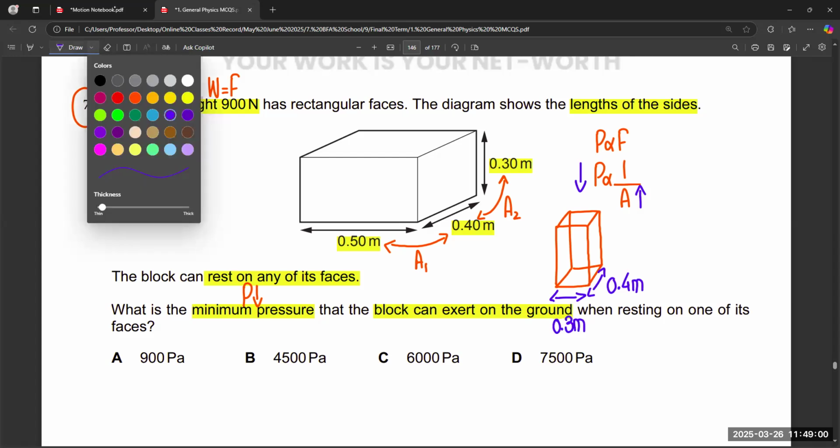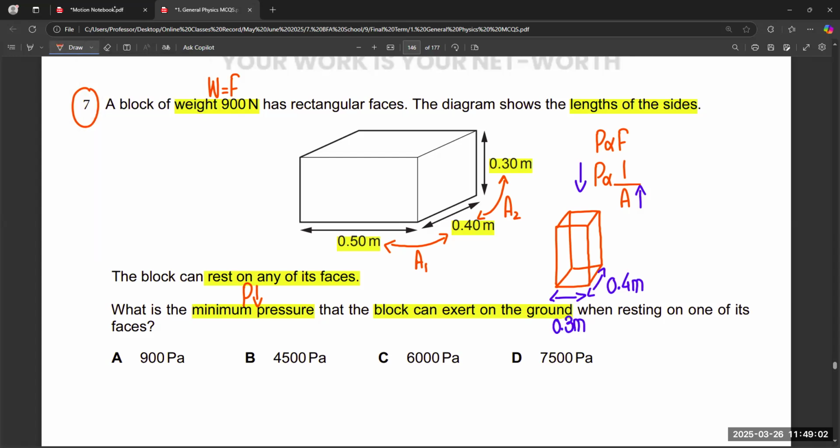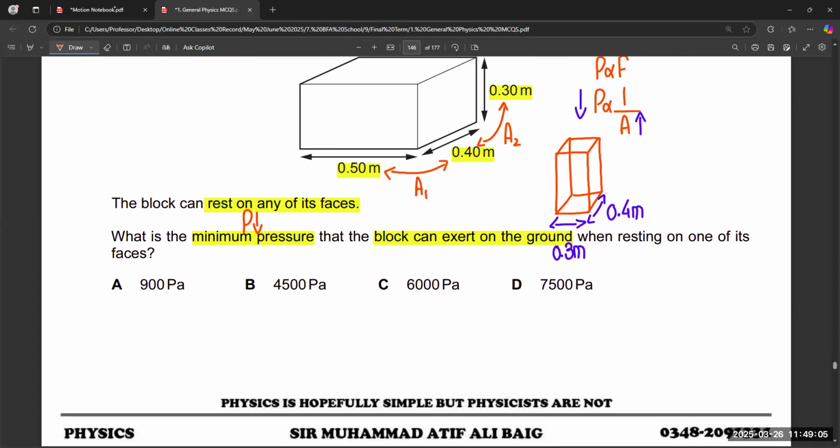So we know that to find out the maximum area, we have to select A1, because when we choose A1, it means 0.5, 0.4. It gives you the answer.